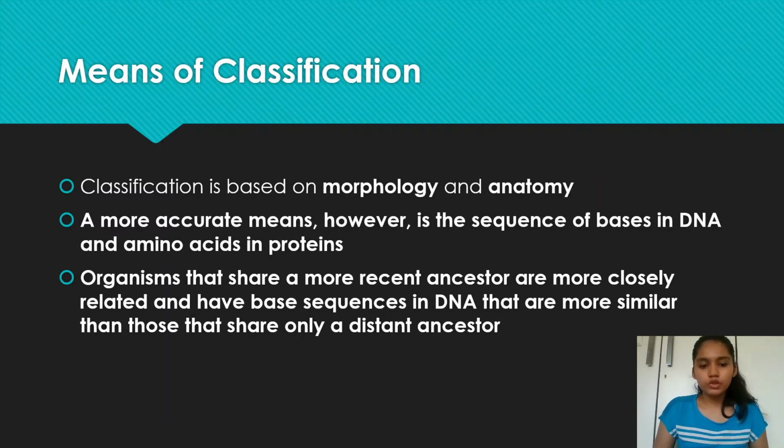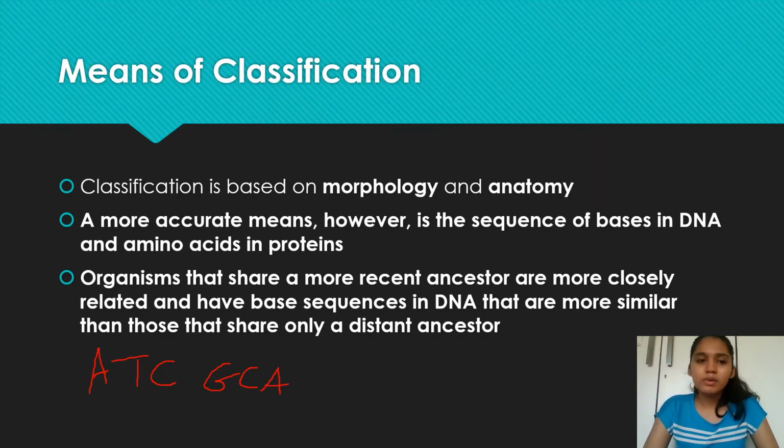But basically, if an organism has the code A, T, C, G, C, A, okay, and another organism has the code A, T, C, forgive my handwriting, I'm so sorry, G, A, A. They are closely related because they have the same code except one set.